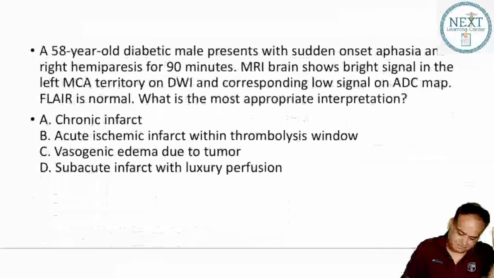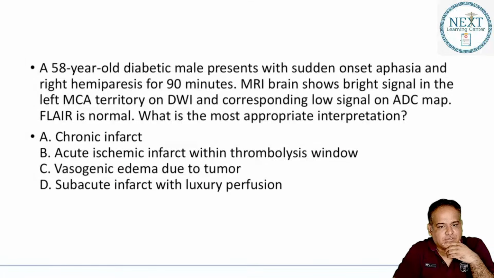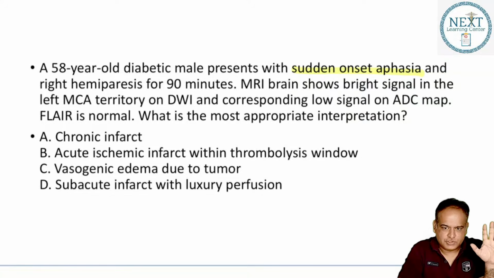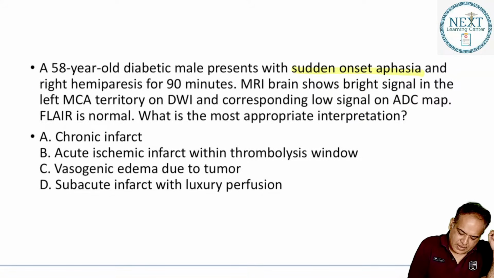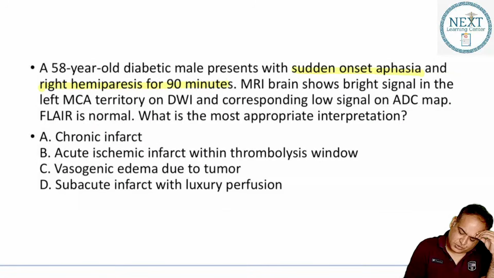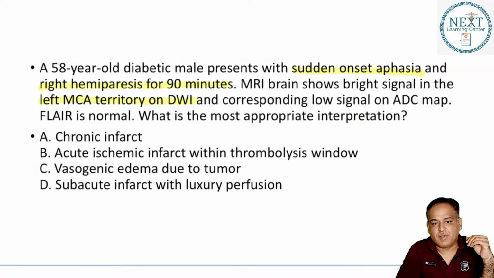Okay. Now, try to answer this question. A 58-year-old male presents with sudden aphasia, stroke, hemiparesis for 90 minutes. Very little time has passed. Fine. MRI brain shows bright signal in the left MCA territory on DWI.